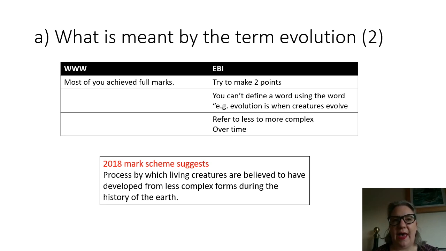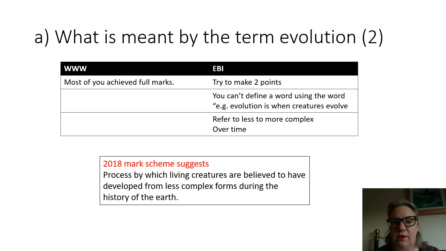First of all, there has to be 2 points there. And if I look at the definition from the mark scheme, the 2 things that leap out to me are complexity going from less to more complex, and then over time during the history of the Earth.